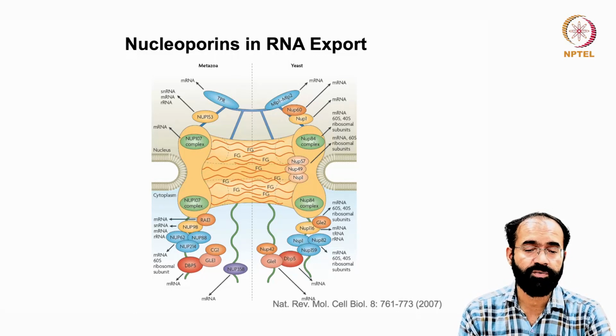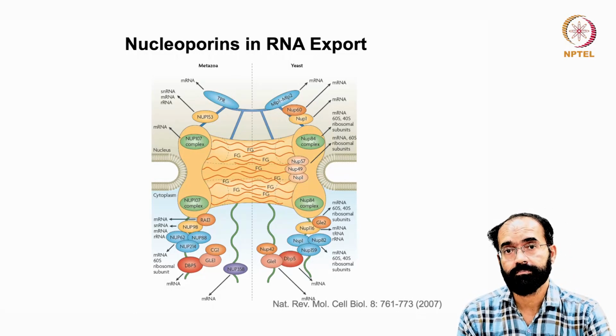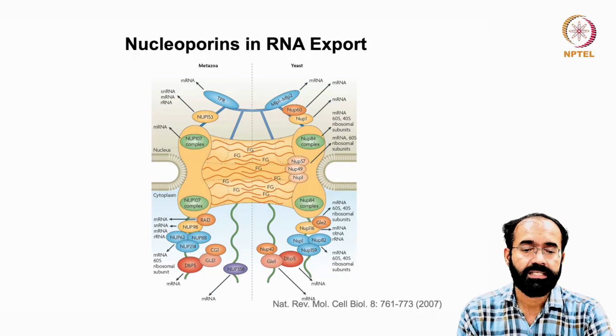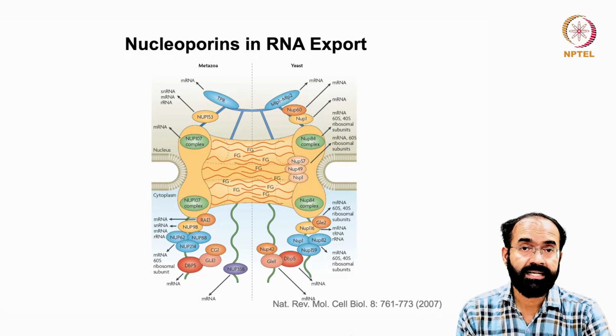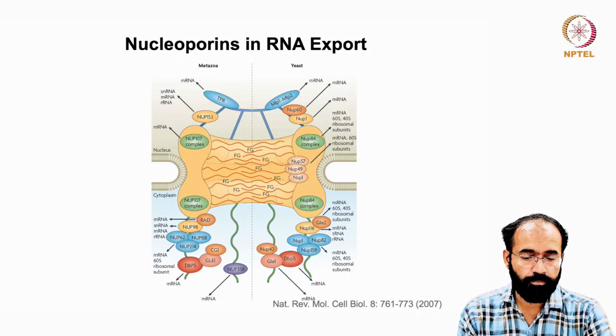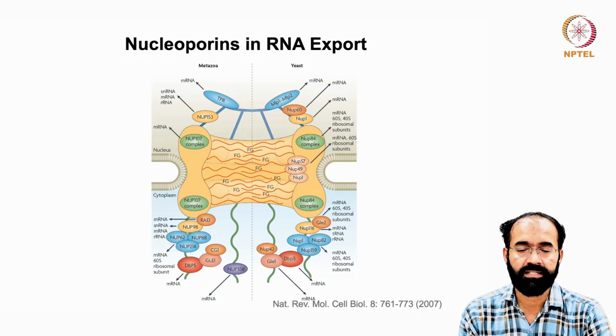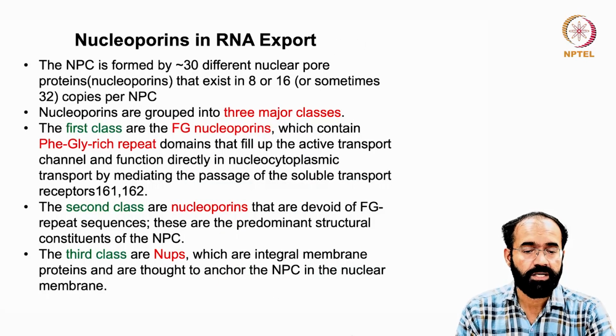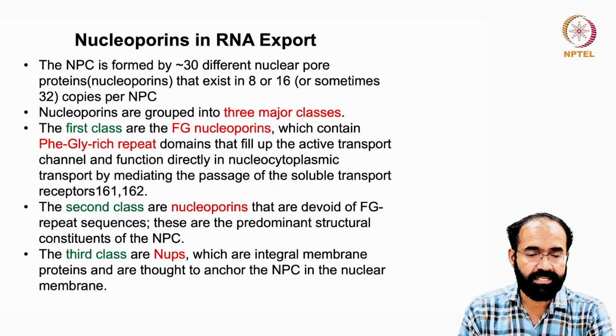Here, cargo refers to the RNA species. So these are the nucleoporins in RNA export, mainly in the metazoan and also in the yeast. Now let us see in detail with proper description how each of these proteins is important in the transport of the cargo. So, nucleoporins in RNA export.